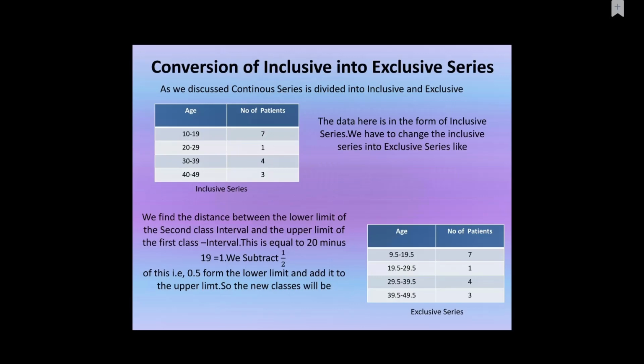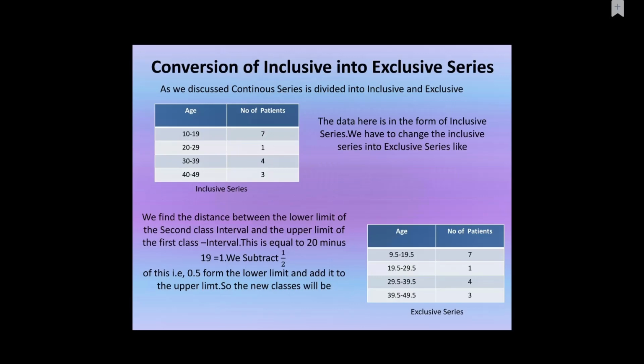Suppose another table is like this: 10 to 20, 20 to 30, 30 to 40. That is an exclusive class. For arithmetic calculations, if the data is in inclusive classes, we have to convert them into exclusive classes.